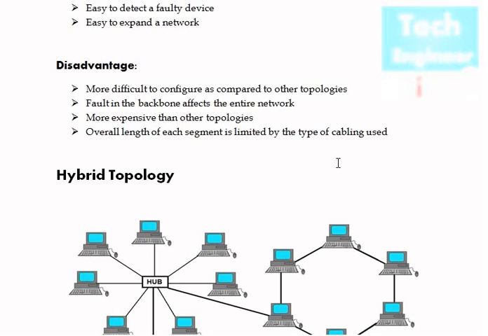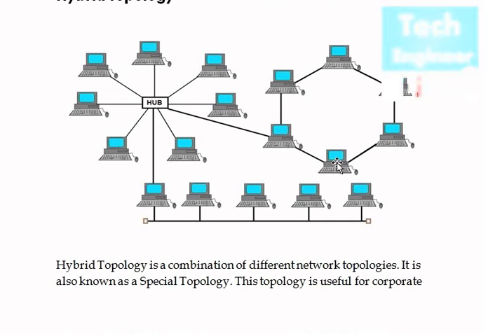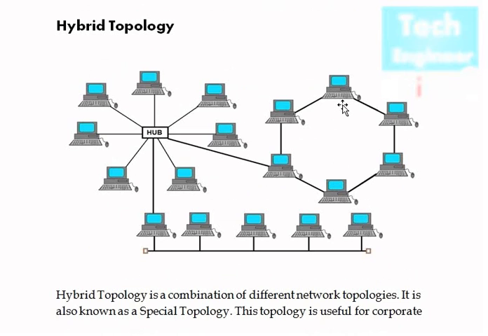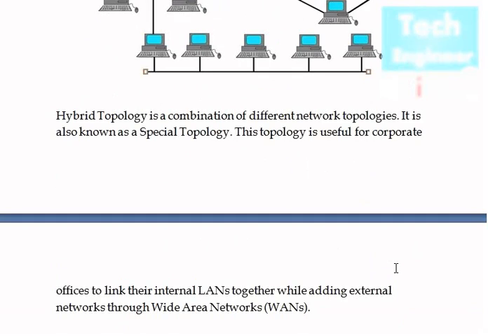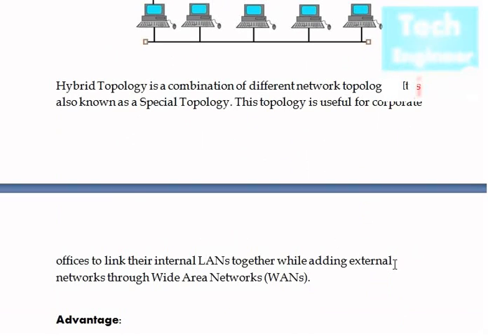Okay, the final one is hybrid topology, and hybrid is again a big chain of topologies. Many topologies you will find in the hybrid. Hybrid is a combination of different network topologies. It is also known as special topology. This topology is used for corporate offices to link their internal LANs together while adding external networks, wide area networks.